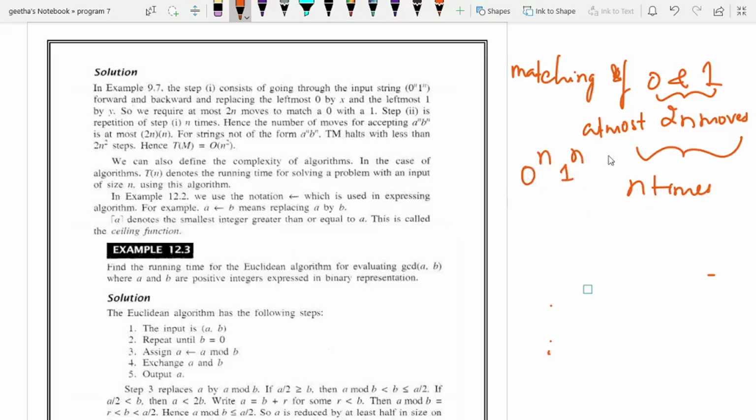Matching of 0 and 1, you are going to do how many times? n times.